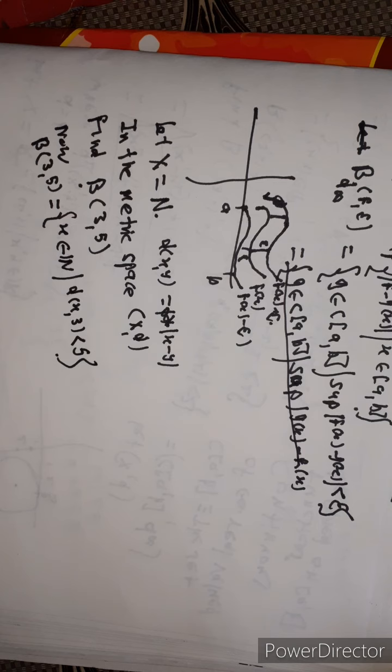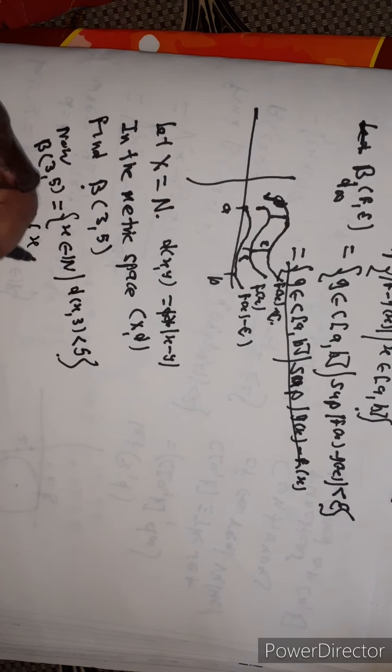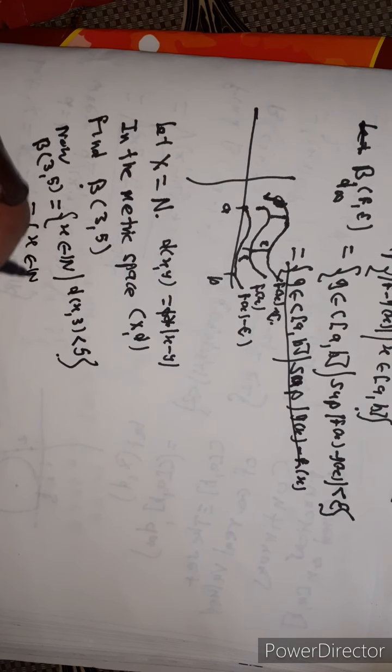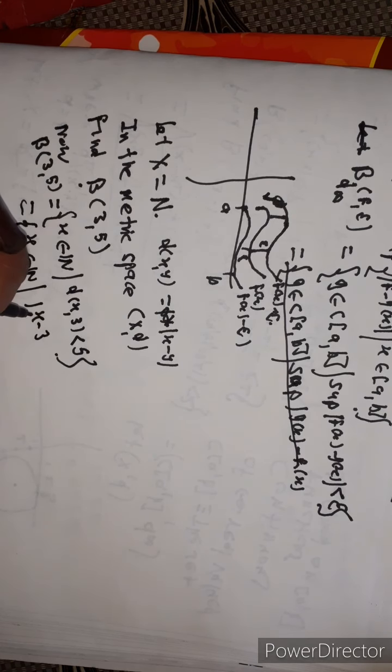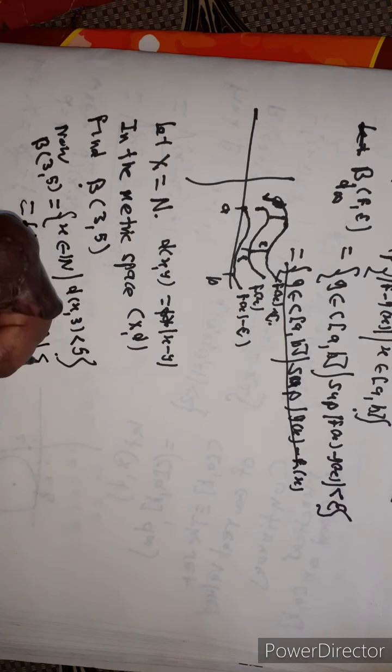In this metric space (X, d), we find the open ball centered at 3 and radius 5. It is the set of x belonging to N such that the distance between x and 3, which is equal to |x minus 3|, is less than 5.